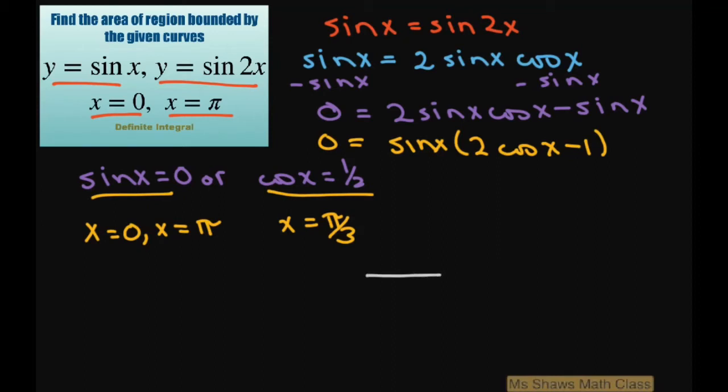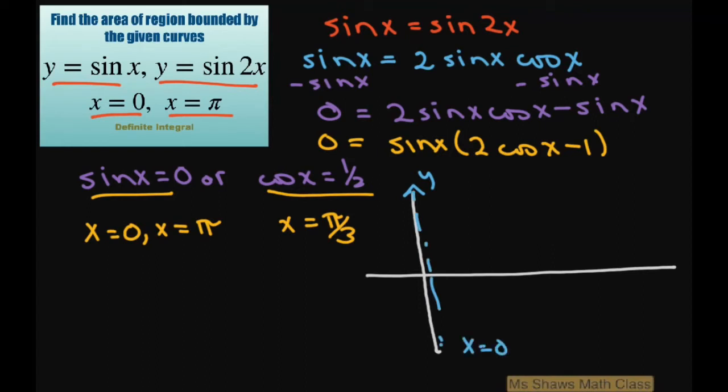I'm going to move it over here because we're starting at x equals 0. So this is your y-axis, and this is your line x equals 0. We're going to stop basically at x equals pi, so I'll move it down here.